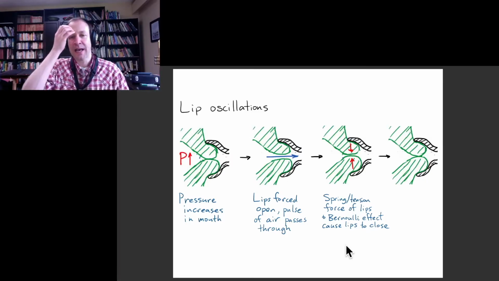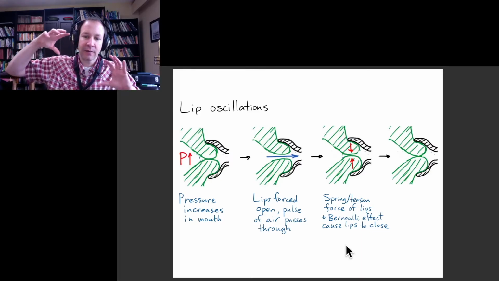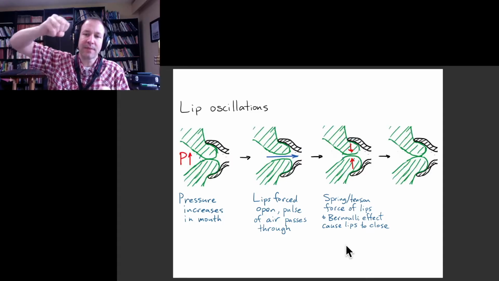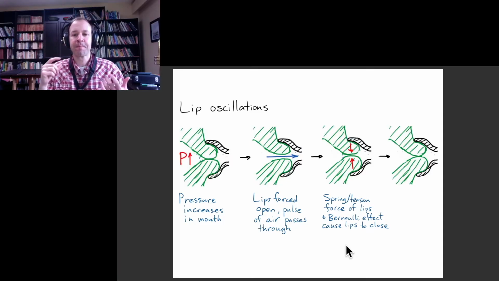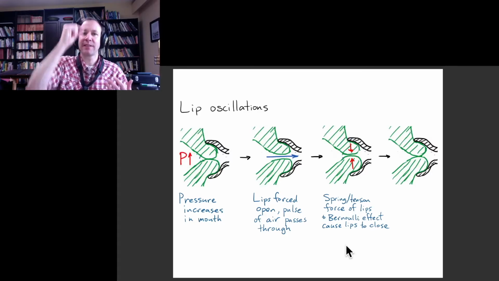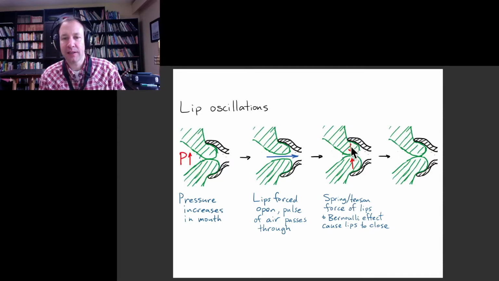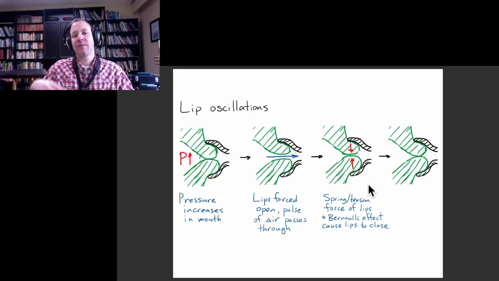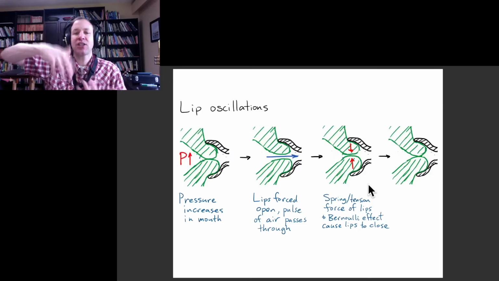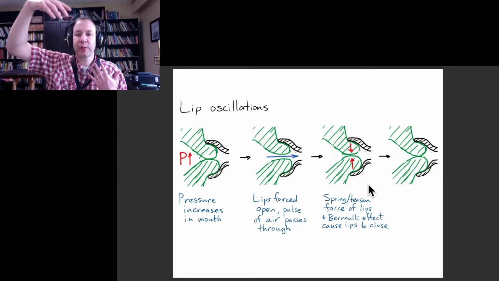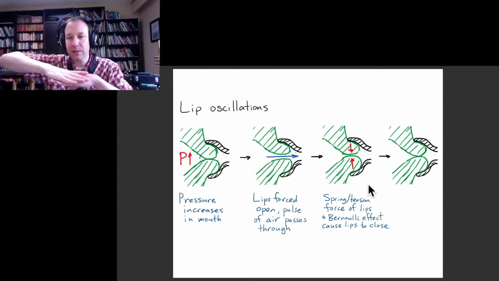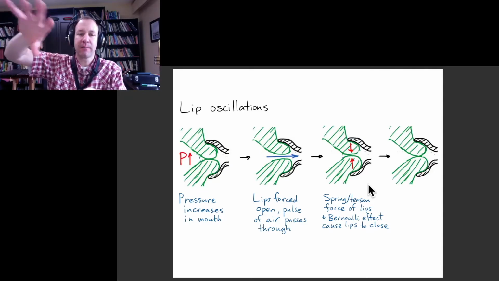The other reason, and the thing that you have the most control over, is the force from the lips themselves. The lips are kind of springy. If you make your lips tight and you move your lip up, you can feel that requires some force and the lip wants to spring back. So this red arrow up and down here is indicating this tension force of your lips, the springy force of your lips that wants to close them again once they've been opened by the air jet.